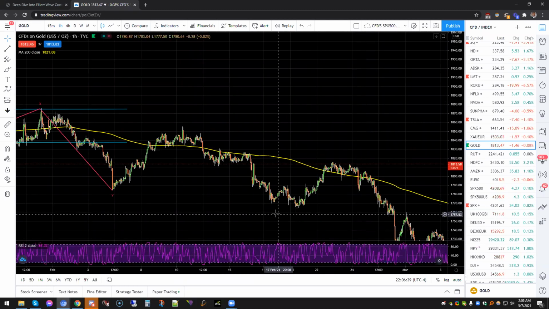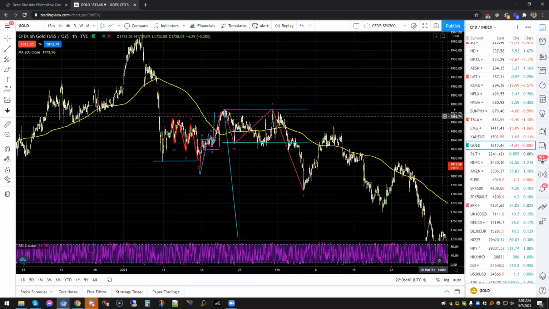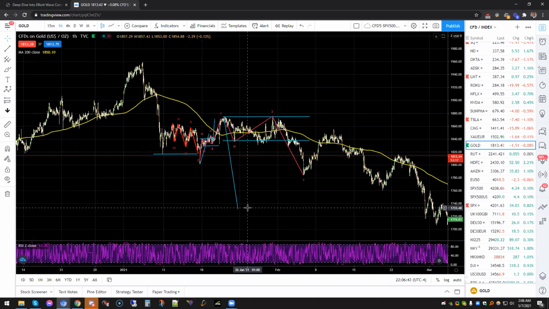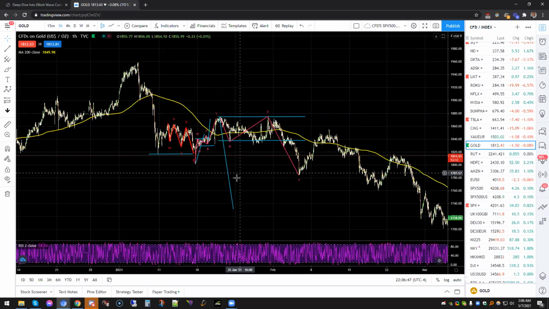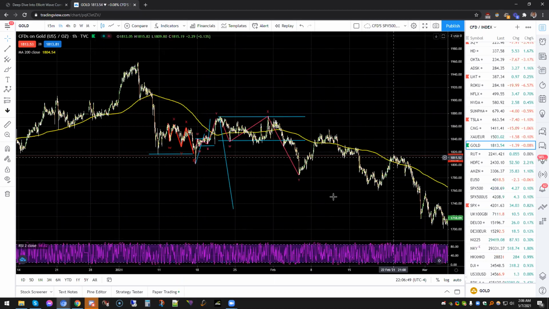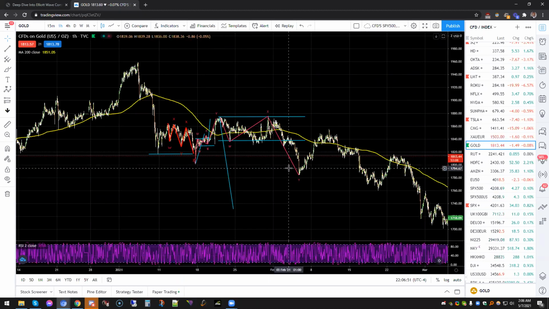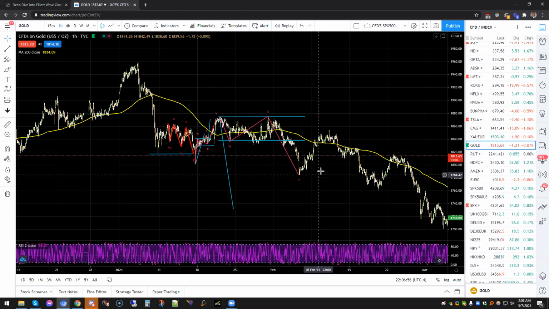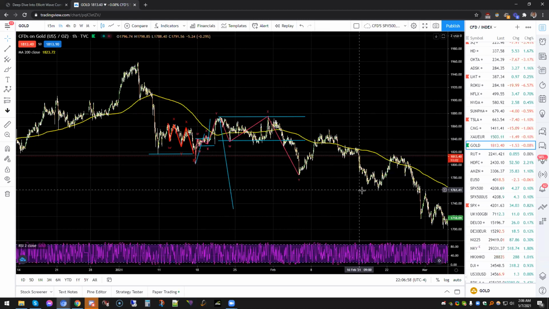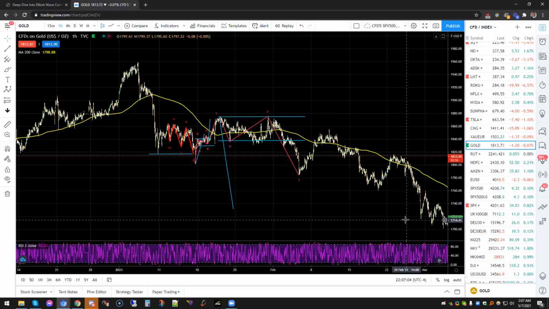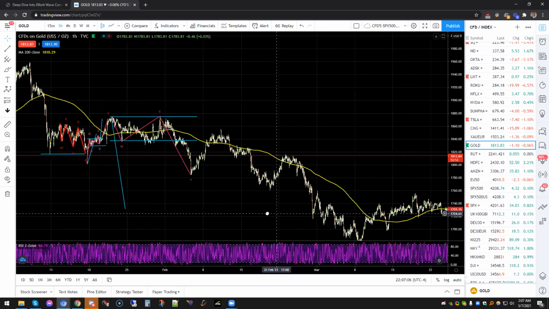Then it's coming down again. And as you can see here, eventually I get to this distance. But this is a lot of up and down because the price is coming down very correctively. So as it's coming down, it's making bigger pattern formations that you need to be very careful with when you're trading them.